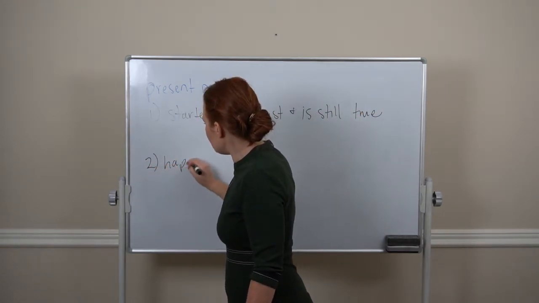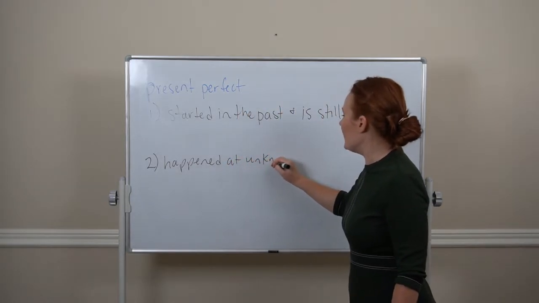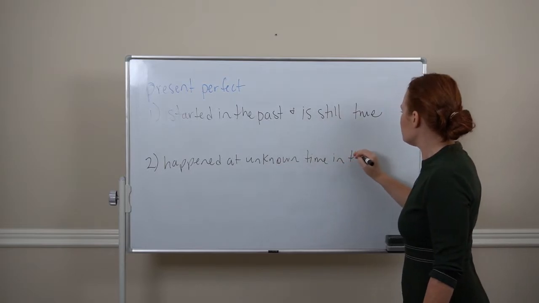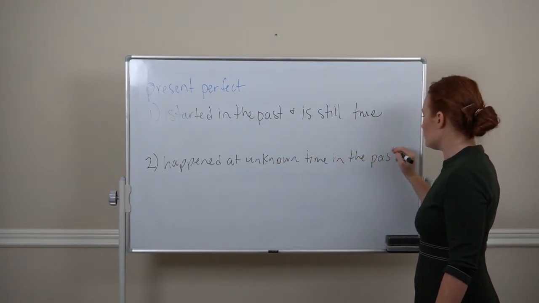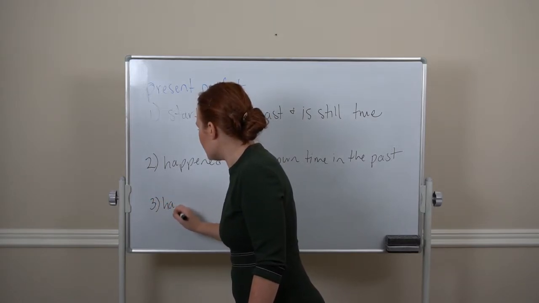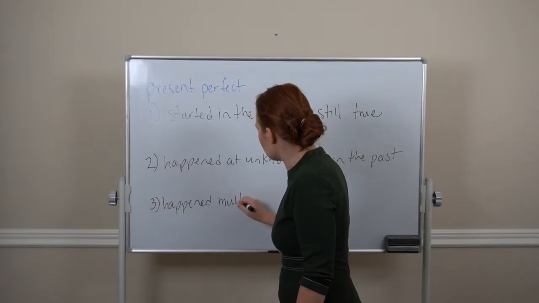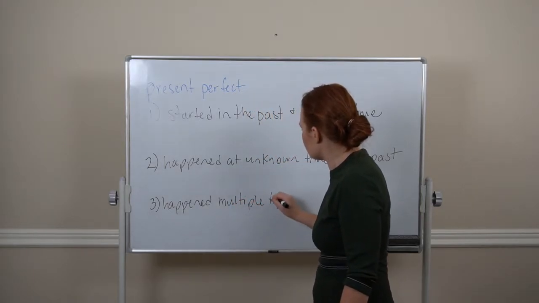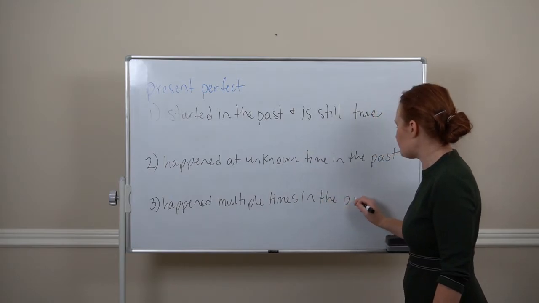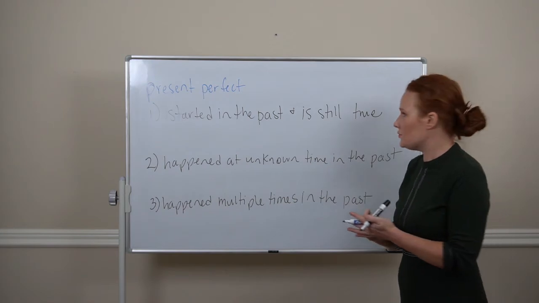Something that happened at an unknown time in the past. And something that happened multiple times in the past. An example for each one.